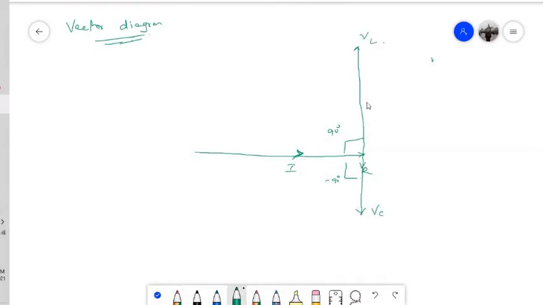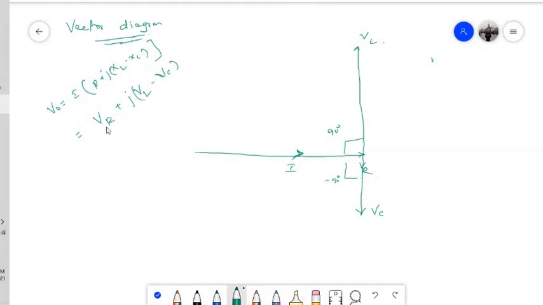Now if you want to subtract VL minus VC, how will we write it? V0 is nothing but I into R plus J into XL minus XC. Now when I expand this, I can write it as VR plus J into VL minus VC.